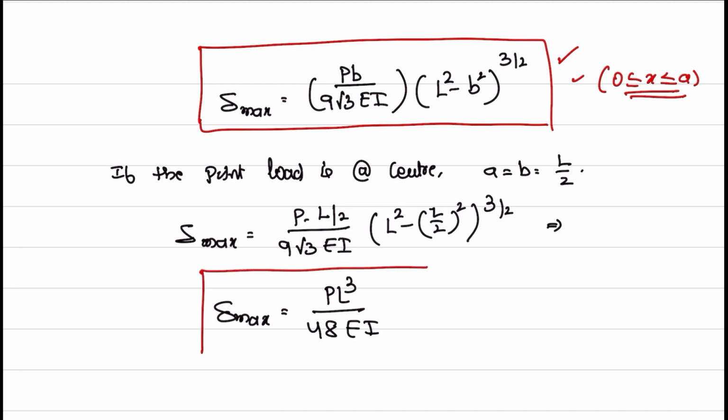For a simply supported beam, when a point load is applied at the center, the maximum deflection will be at the center and that value will be PL cube by 48 EI. For a cantilever beam, it is PL cube by 3 EI.